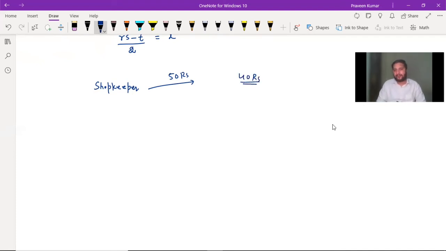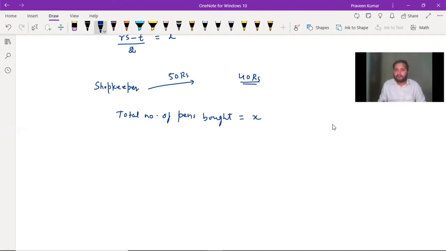Let us suppose he has bought x number of pens. Total number of pens bought is equal to x.